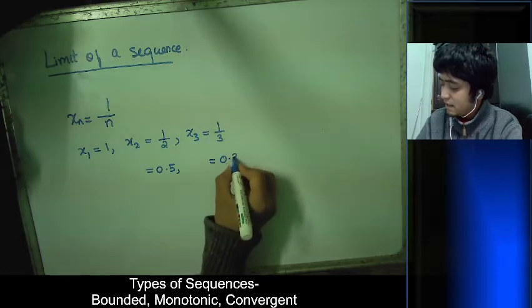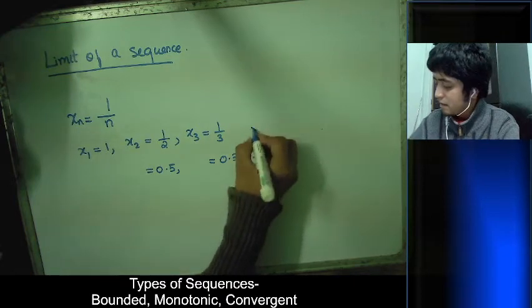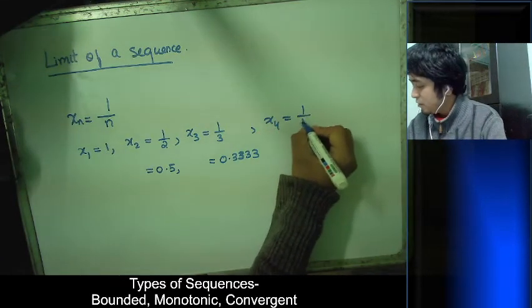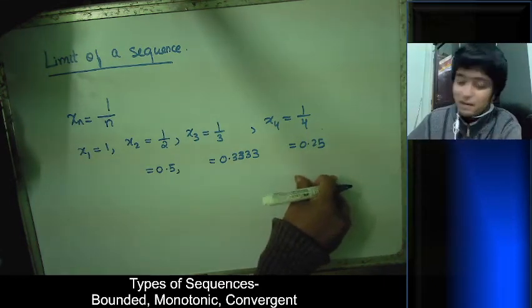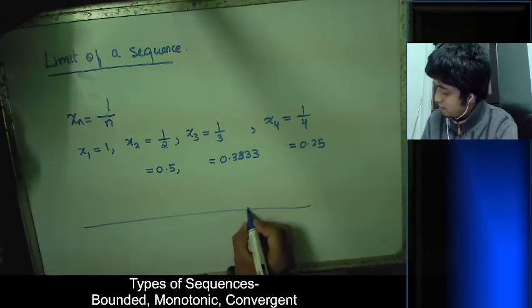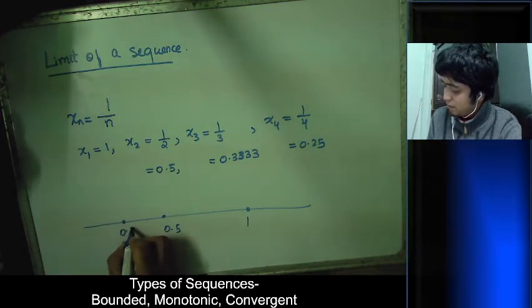you will see that they keep on decreasing. Similarly x4 equal 1 by 4, which is 0.25. They keep on decreasing. What is happening? So we start with 1, then we will be having 0.5, 0.3.